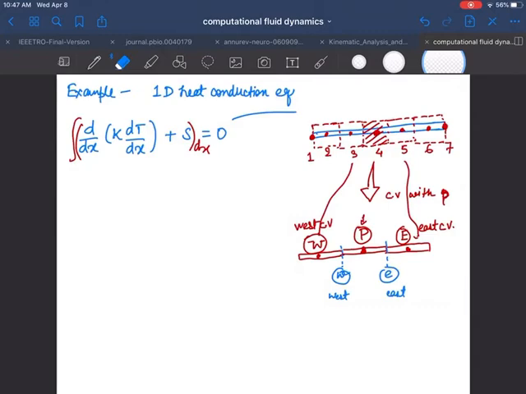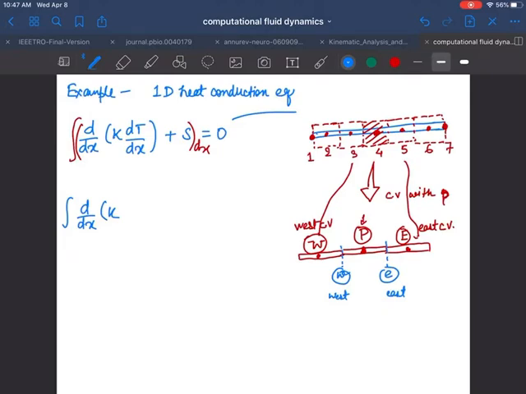So we can write this as d by dx. Converting the volume integral into a surface integral will be needed in three-dimensional or two-dimensional problems, not in one-dimensional problems. So it's an easy approach towards the problem for the one-dimensional equation.